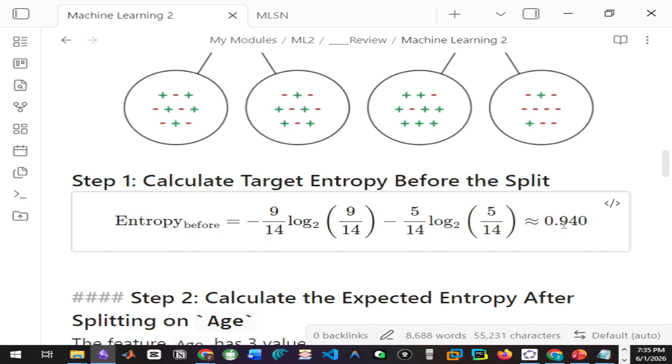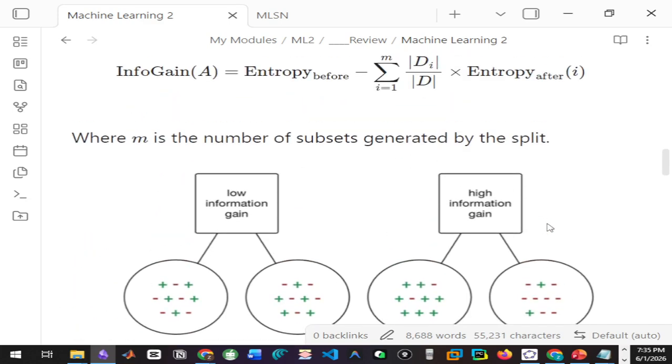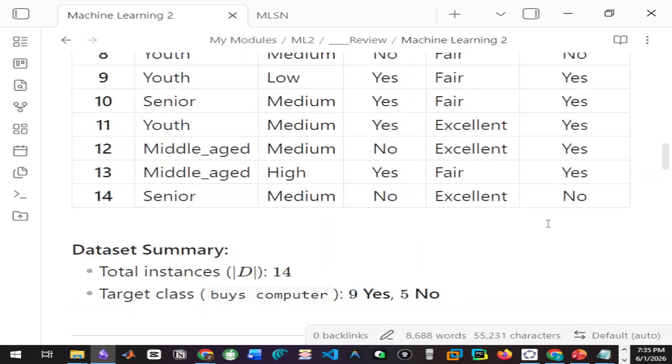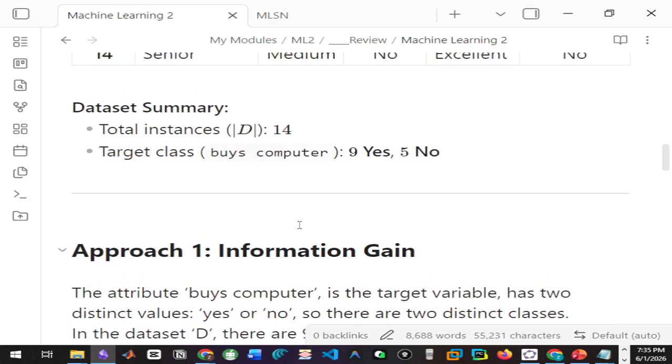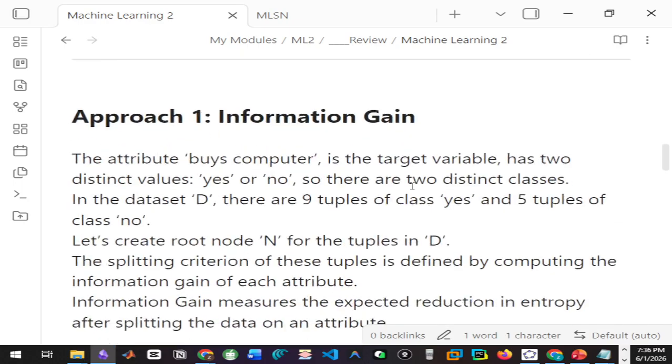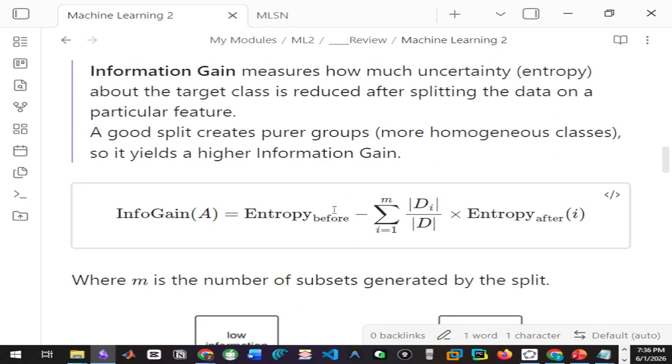You see the entropy is 0.94, and this is very logical since we've got nine yeses and 5 no's, so the degree of uncertainty is kind of high to quickly tell or predict what will be the output.